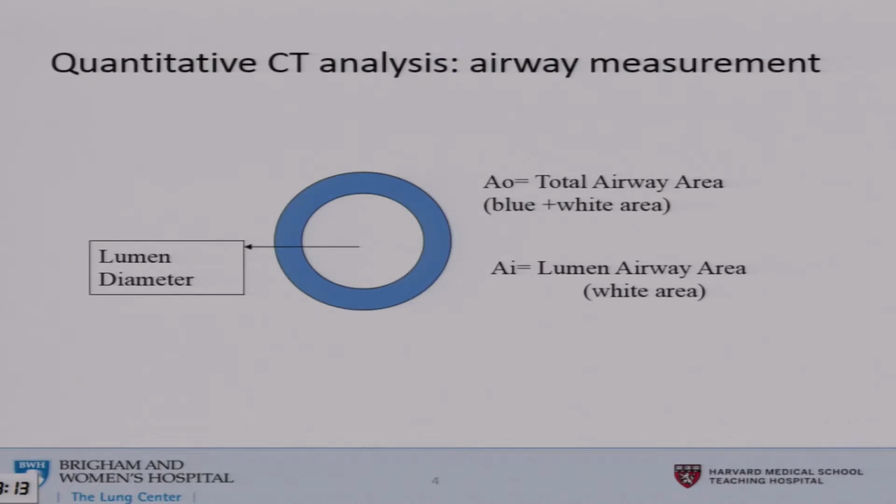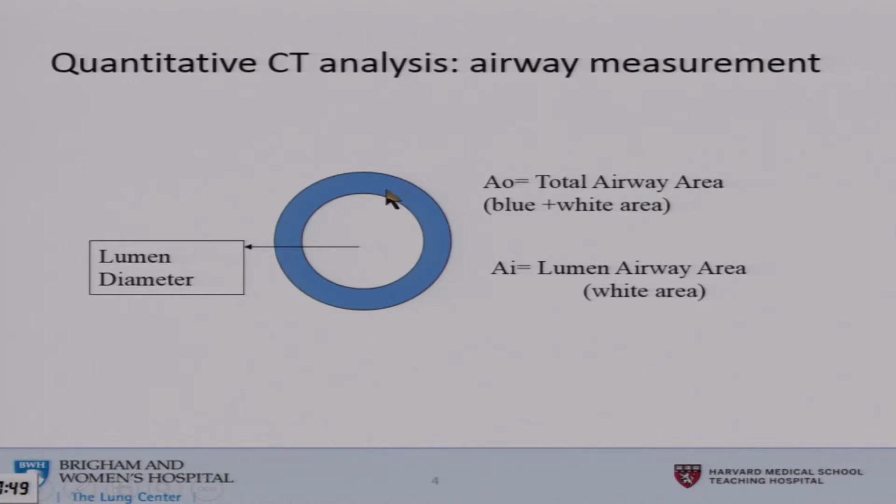So the basics of quantitative CT imaging are relatively simple, although the technique becomes more complex very quickly. But remember that both the airways and the vasculature are essentially a tube that you can measure. So you can look at the total airway area, and then you can look at the luminal area, and when you subtract the luminal area from the total airway area, you end up with the luminal diameter.